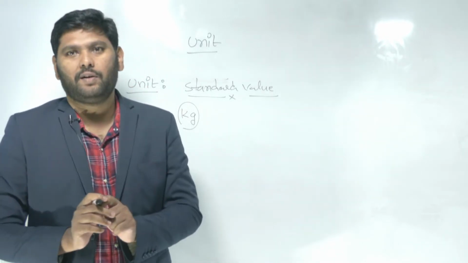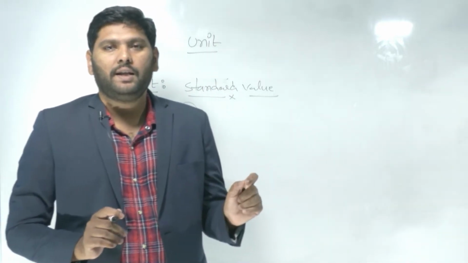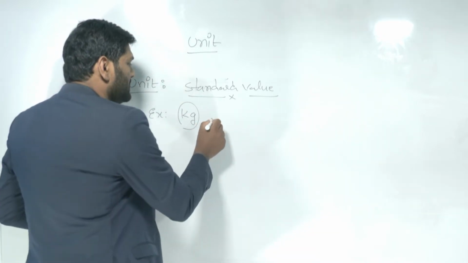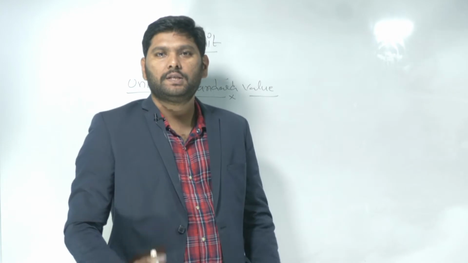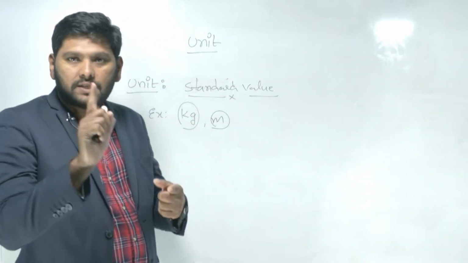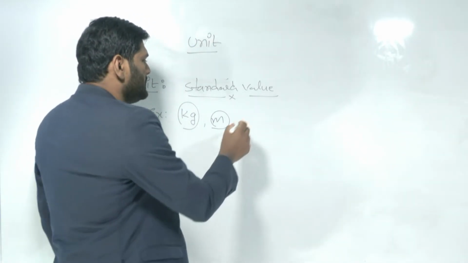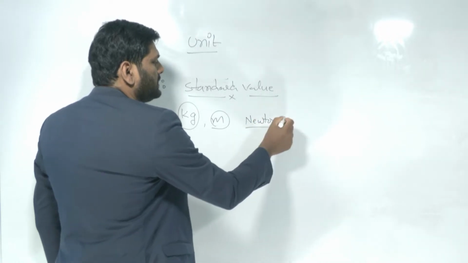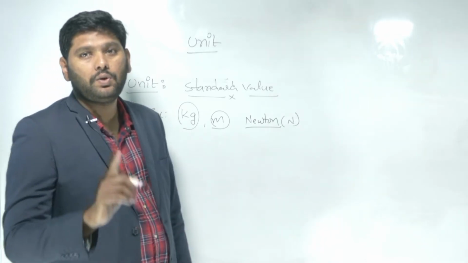Length is a physical quantity, and its unit is the meter, which means that meter is a standard value. Similarly, let me take force. Force is a physical quantity and its standard value is Newton, which we represent with N.